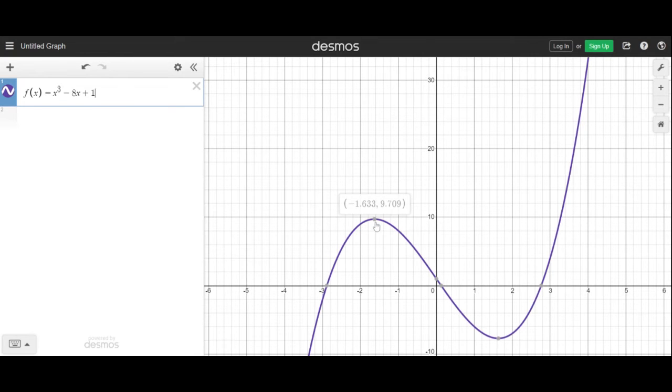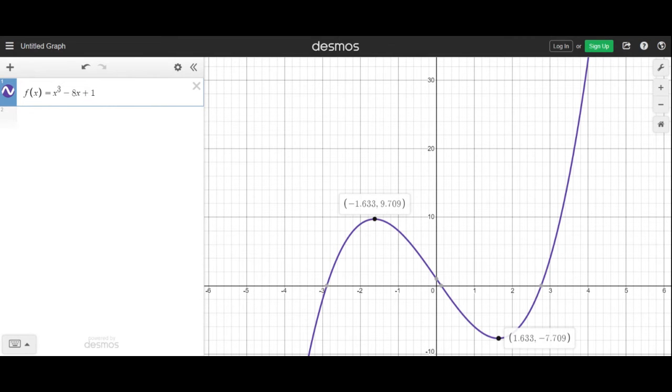So again, all I really have to do in Desmos now is select those points. And I can see here that I have a local maximum at negative 1.633, 9.709. Okay, so that would be what we call a local maximum.